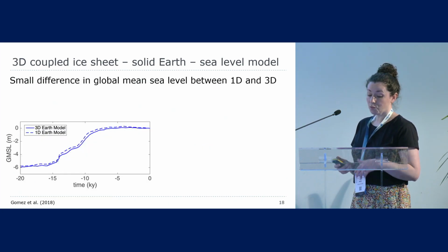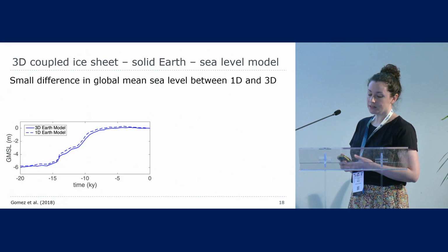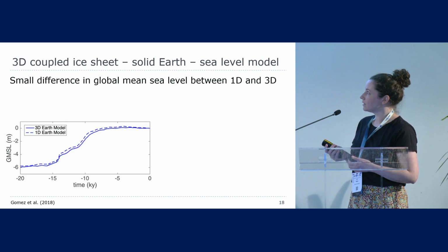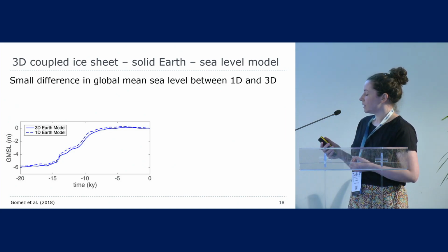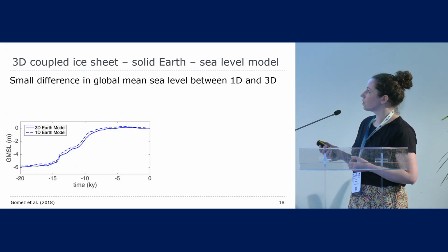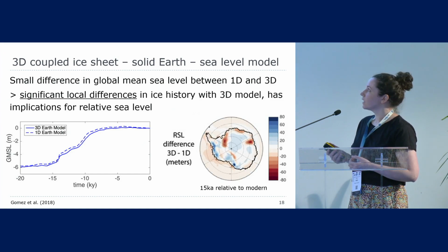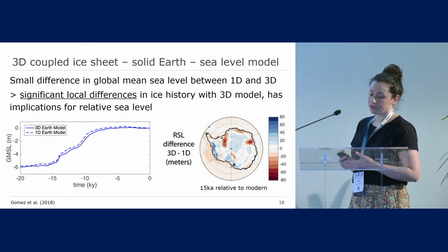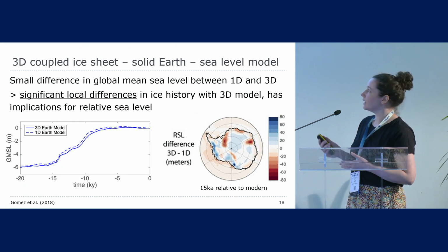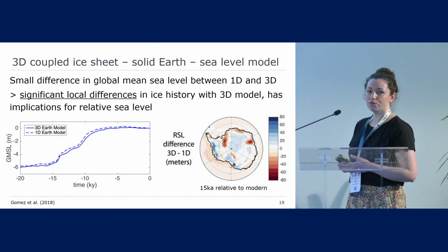Going one further, with a 3D coupled ice sheet solid Earth sea level model, Gomez et al. 2018 compared the difference between the 3D coupled model and the 1D coupled model. They actually show quite a small difference between these two models over the last 20,000 years. However, there are significant local differences in ice history with the 3D model, particularly in West Antarctica, and this has implications for relative sea level.